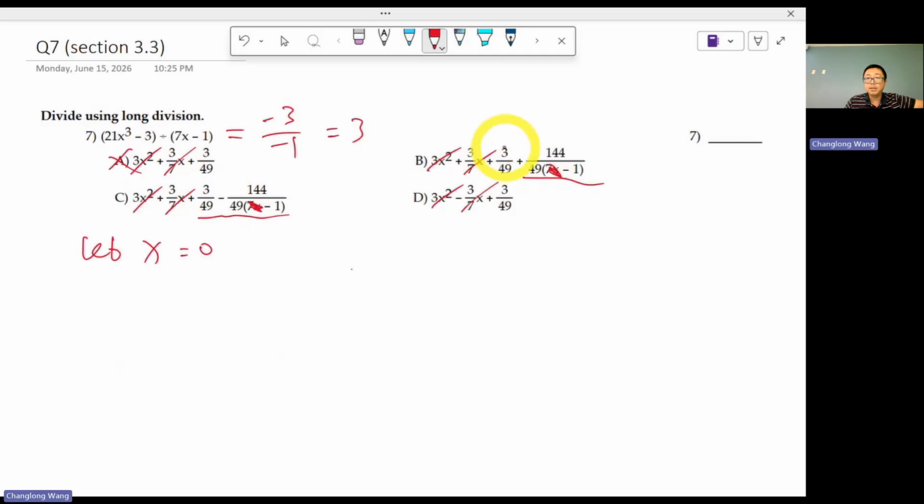Just either add up 3 over 49 and 144 over, be careful, that's -49, right? Or in this case, +49. Whatever you do, find out whichever is going to work out as 3. And you know what? Letter C is correct. Okay. But that was just by plugging x to be 0.